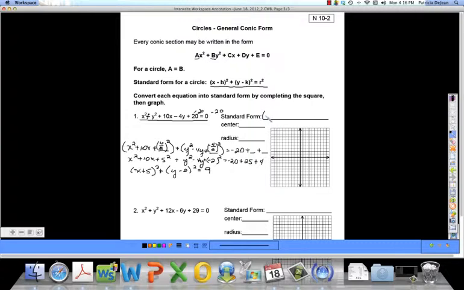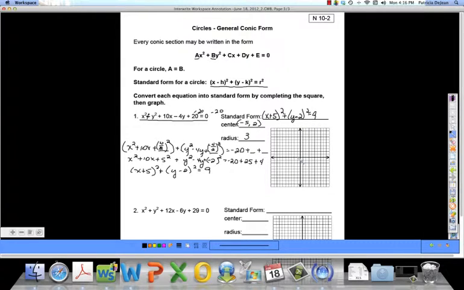So if we were going to fill in this sheet, we'd have x plus 5 squared plus y minus 2 squared equals 9. Now we can read our center, negative 5, 2, right out of the standard form. And our radius is the square root of the last number, the constant, which is 3.